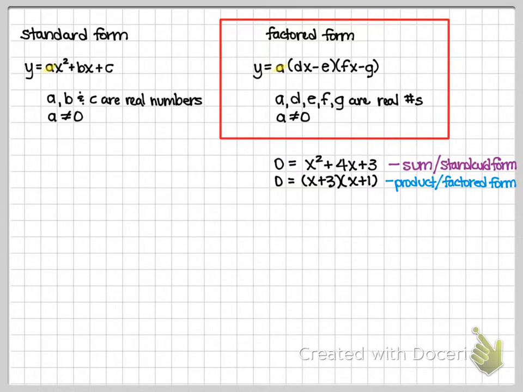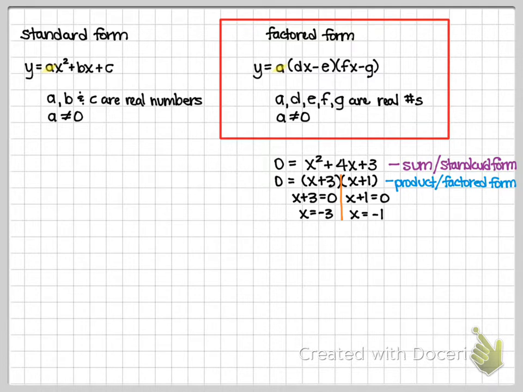Now, when we went through and we solved this, again, in the previous notes, we were able to figure out what x was equal to for each of these. So I want to continue along this path and see what those would actually represent on the graph. So x equals -3, x equals -1. Okay, so stuff that we did previously.